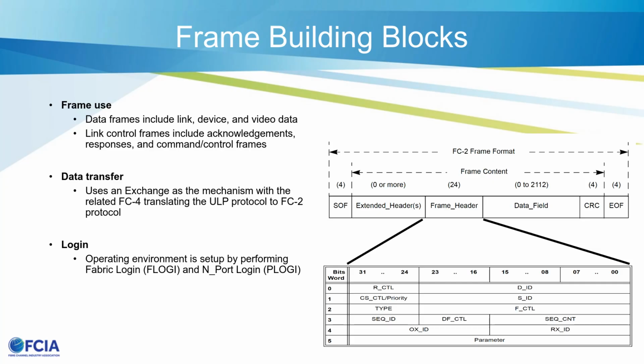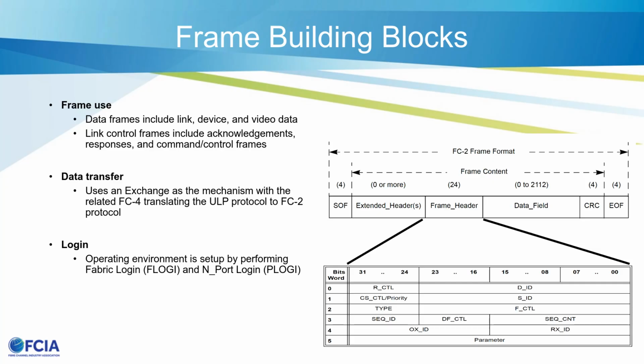And there's other things in here that are really indicating what sequence you're in, and are you starting a sequence, or are you transferring the sequence? All sorts of control information, such that you can know a lot about what's happening on the wire just by looking at the frame header.